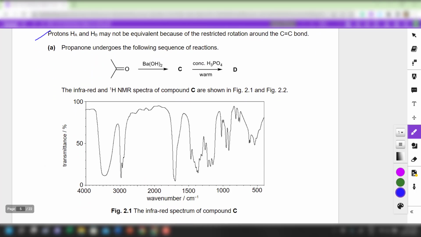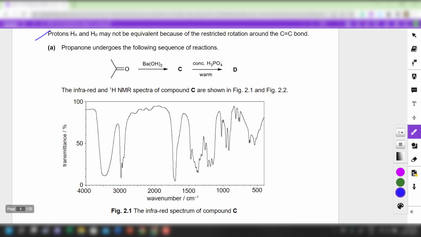So for part A, you were told that propanone undergoes the following sequence of reactions. You are probably not familiar with barium hydroxide being used as a reactant, but in most synthetic processes, barium hydroxide is kind of preferred for reasons we will not discuss over here. It's actually being used as a base to abstract the alpha protons, and in the process allows aldol reaction to take place.